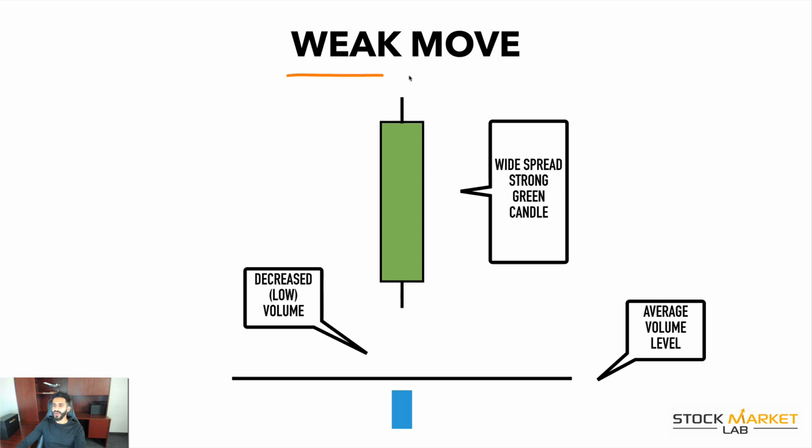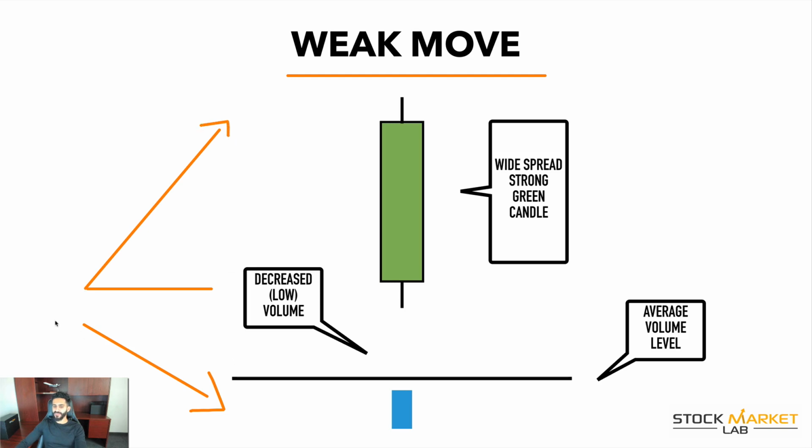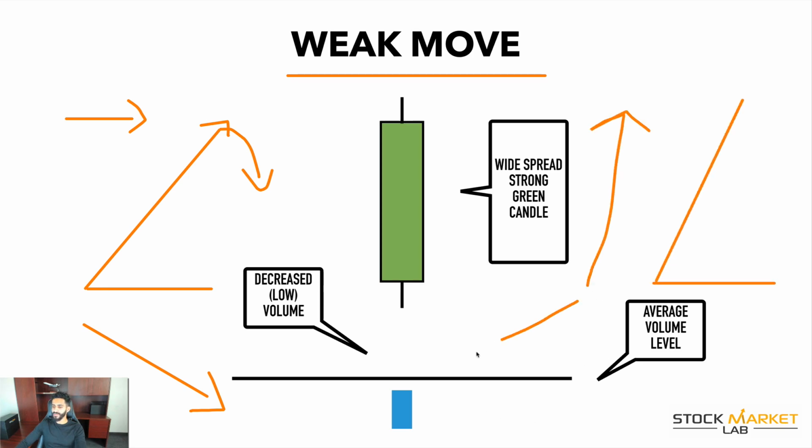That's a weak move. What that is showcasing is the price of something is going up, but less and less people are interested. The price of this stock is going up, but less and less people are interested. That's not strong. That means eventually, for this stock to sell more, the price is going to have to maybe come back down. This is once again a weak move. We want to see a stock price going up, and we want to see interest level go high, meaning we want to see more commitment, and that can be seen on volume.